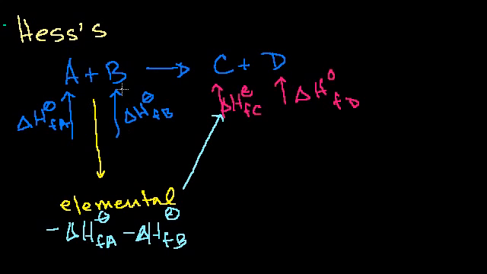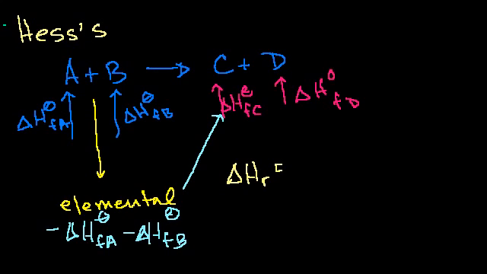So Hess's law tells us that the change in enthalpy of this reaction is essentially going to be the sum of what it takes to decompose these, which is the minus heats of formation of these, plus what it takes to reform these over here.